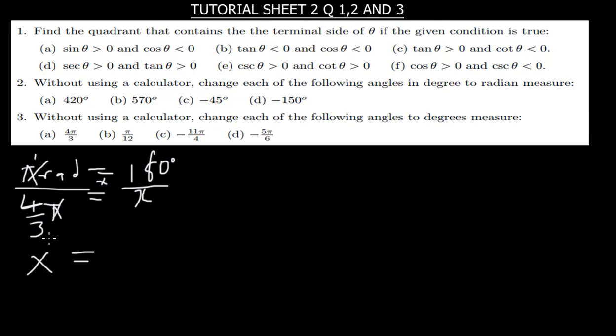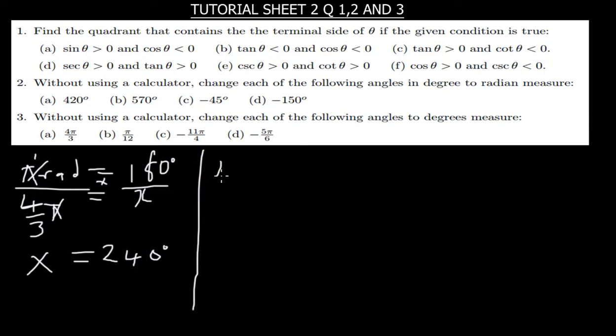And then 4 over 3 times 180, you are getting 240. So 4 over 3 pi is just the same as 240 degrees. Same applies to the second part there.